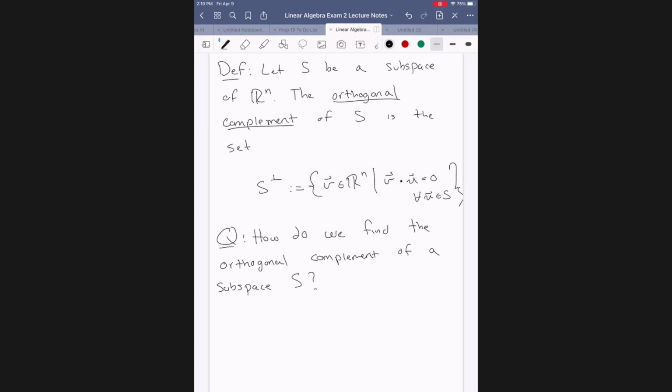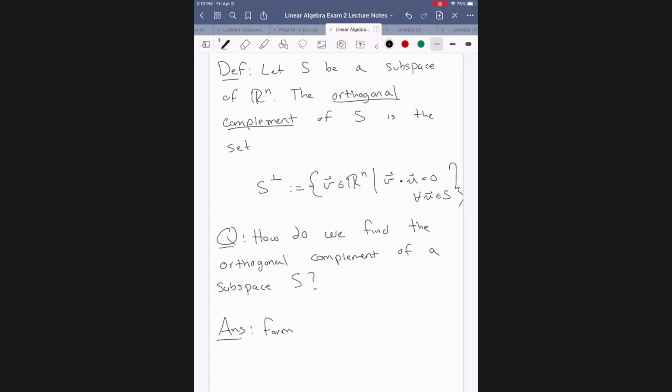The answer is basically this. If you have a subspace and you have its basis, take that basis, make it into a matrix, take its transpose, and solve for the null space of it. So all this is coming back.